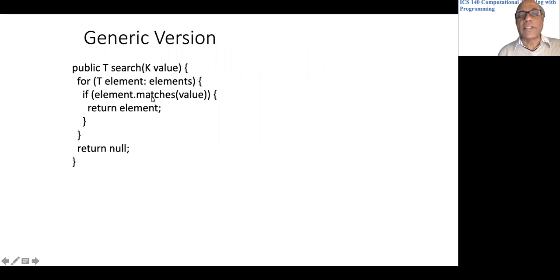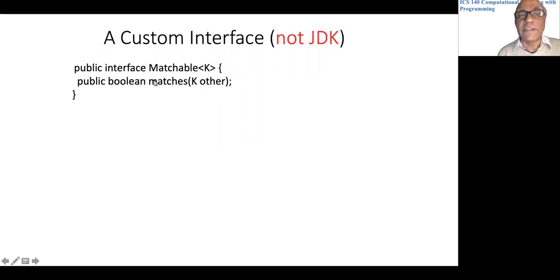Value is going to be K. So this matches method is placed in an interface called Matchable, a generic interface with parameter K. This is not a JDK interface at all. This is a custom interface created especially for the library system, just because of all the difficulties associated with the equals method.